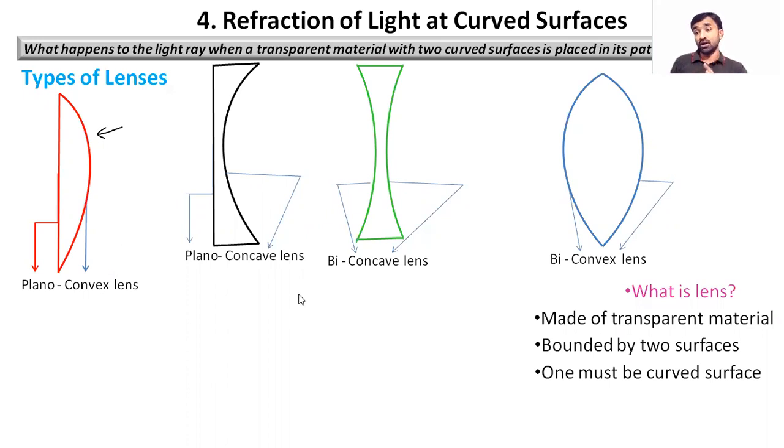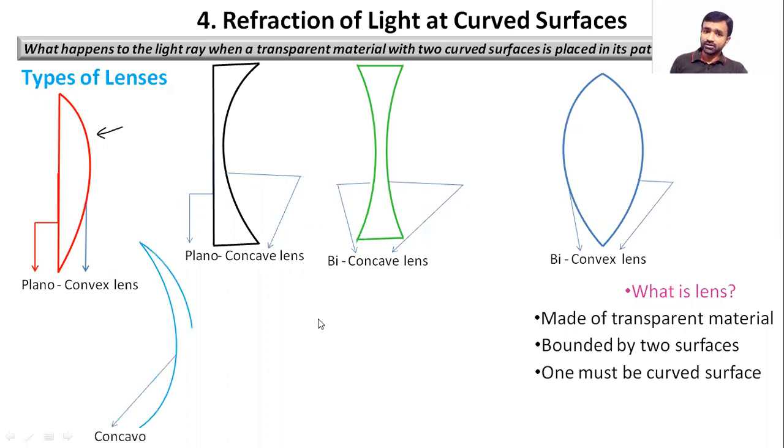Then the opposite, the convex-concave combination, right? So I will take first the concave surface, then from the right side, I'll take a convex surface. One is left end concave, right end convex. Then both together we can name it a concavo-convex lens.